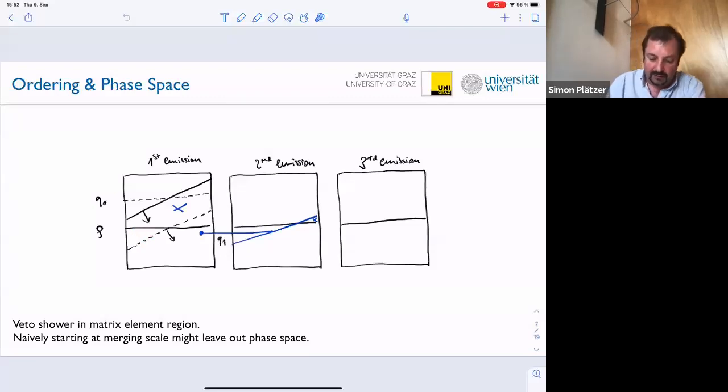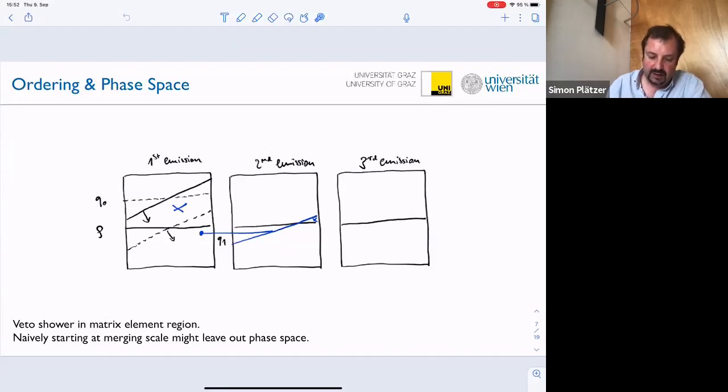So say we had generated such a first emission, then the ordering of the parton shower tells us that the second emission must be below this line here. And again, we might still be able to emit into the matrix element phase space, so we would veto this. So everything looks fine, but again, there's a problem that there might be phase space which is left out.